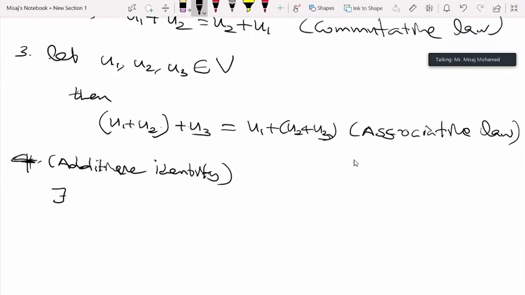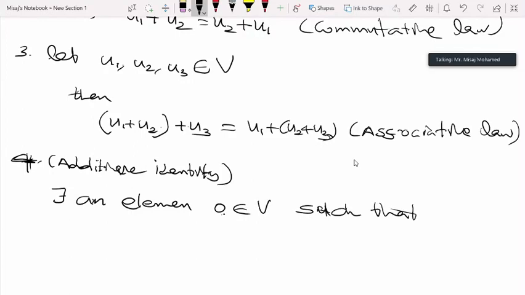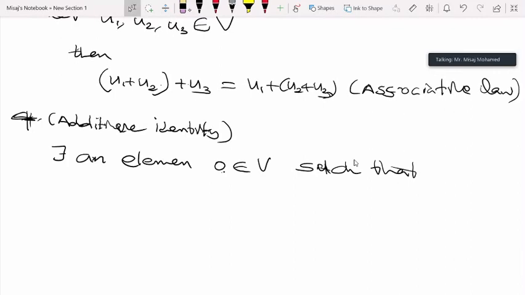There exists an element, say 0 element, 0 is in V such that for all U in V, U plus 0, 0 plus U must be equal to U. Identity element, we denote this by 0. Additive identity, we denote by 0. That means vector 0. This is not just 0. This is a vector 0.